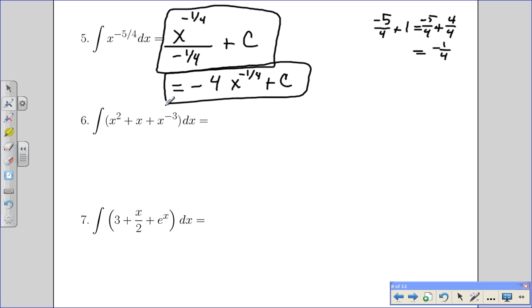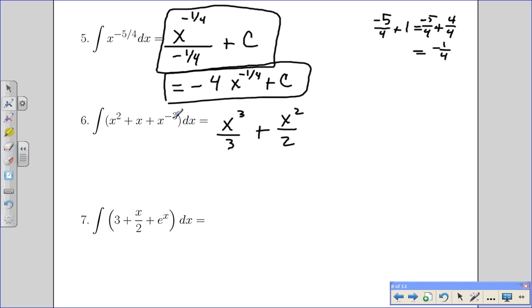For number 6 here, we have addition. We have x squared plus x to the minus 3. What you can do here when you have addition and subtraction is you can just integrate each term individually. So I'm going to integrate the x squared, and I get x cubed over 3. I'm going to integrate x, and I get x squared over 2.